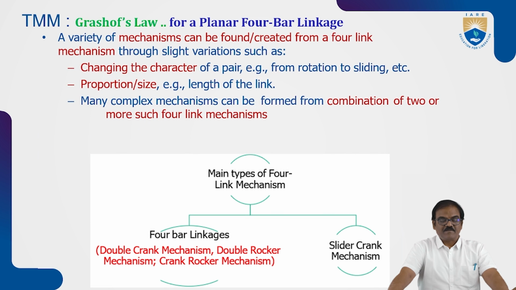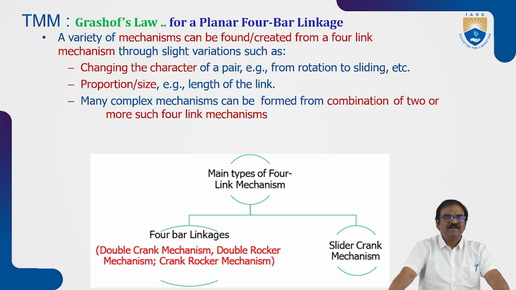Grashof's law for a planar 4-bar linkage mechanism: a variety of mechanisms can be created from a 4-bar mechanism through slight variations such as changing the character of a pair, from rotation to sliding, or the proportion of the size, that is the length of the link. Many complex mechanisms can be formed from combination of two or more such 4-link mechanisms.